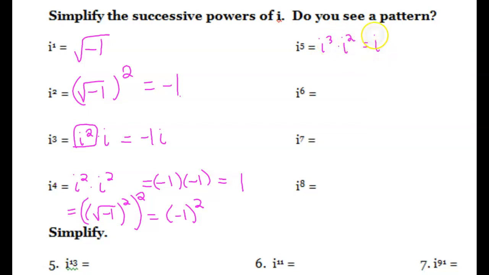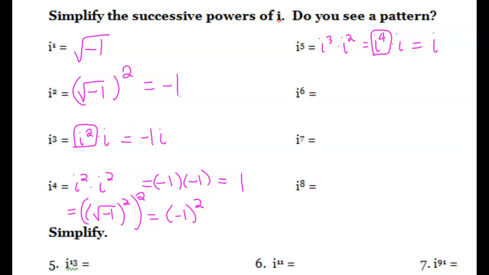You could treat it as i to the 4th and i, which is probably my favorite, because what do you know about i to the 4th? It is 1. So i to the 5th becomes i, which is really the same as i to the 1st.